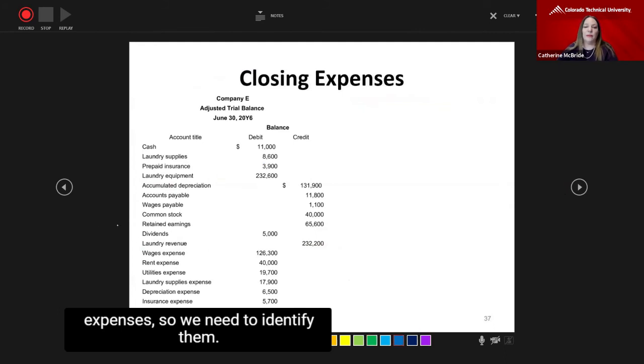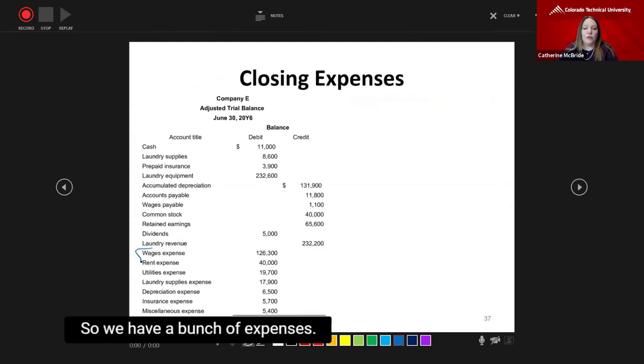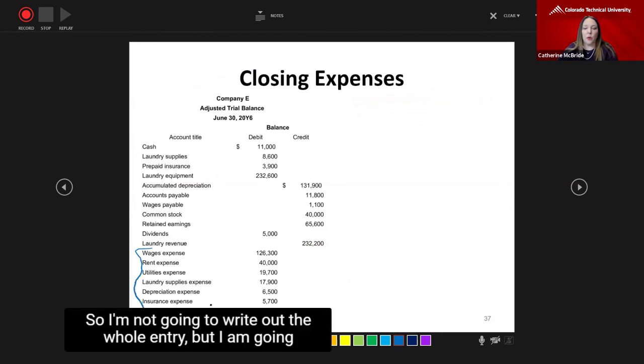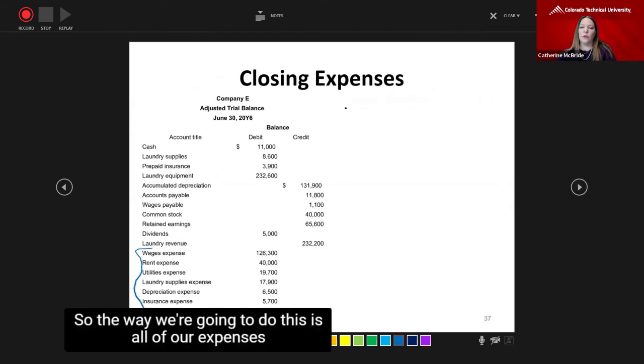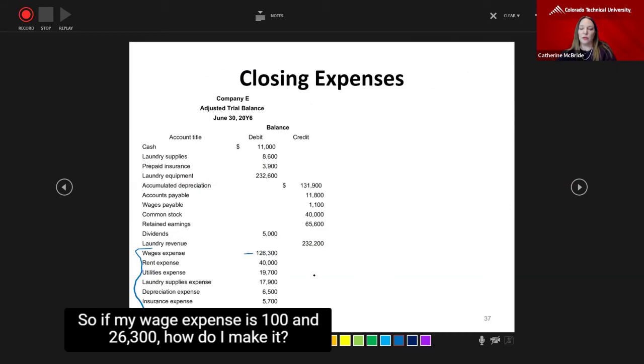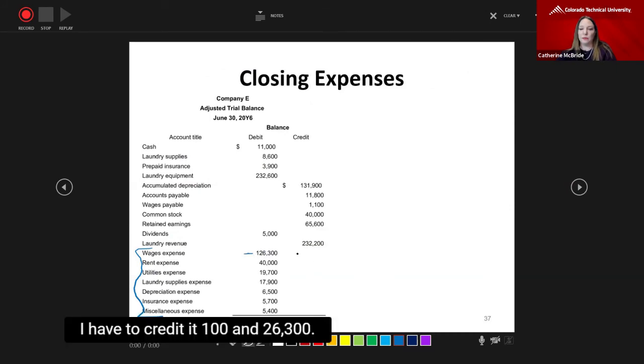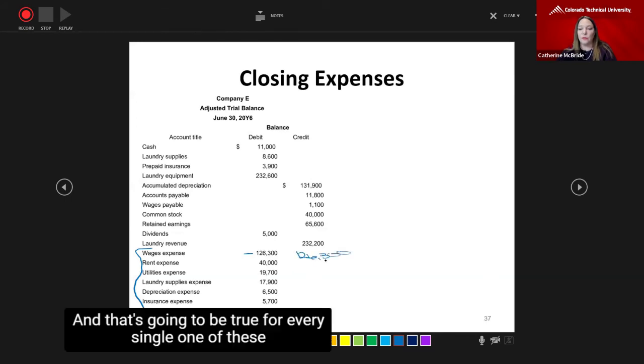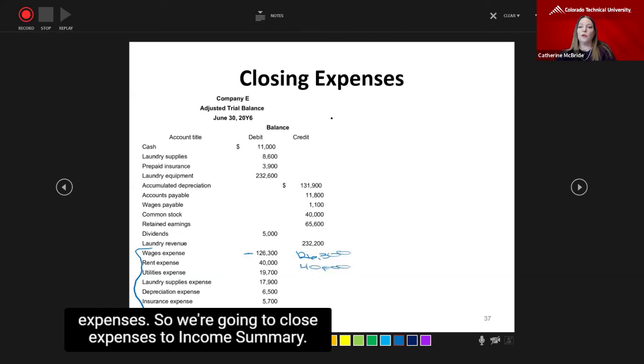So we need to identify them. We have a bunch of expenses. I'm not going to write out the whole entry, but I am going to start it. All of our expenses are debits. So if my wage expense is $126,300, how do I make it zero? I have to credit it $126,300. And that's going to be true for every single one of these expenses. So we're going to close expenses to income summary.